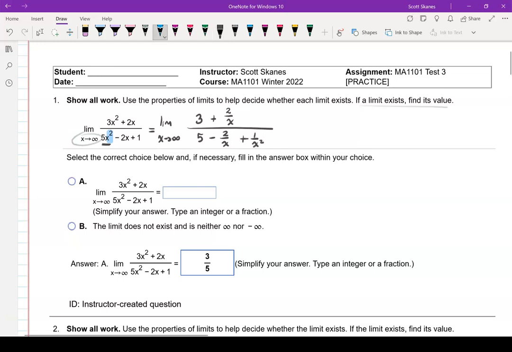Just to take one consideration here, for example this one, the reason it cancels out to a 3 is that if I divide it by an x squared, because that's the highest power in my denominator, you can see that the x's cancel, leaving just the 3.